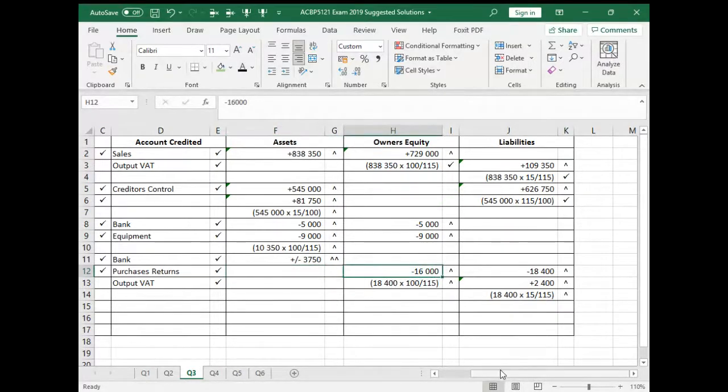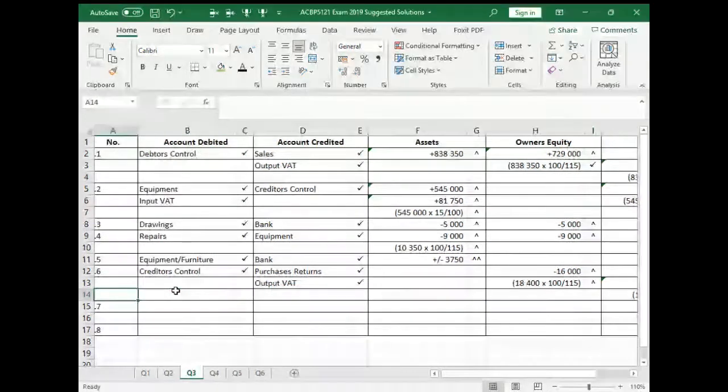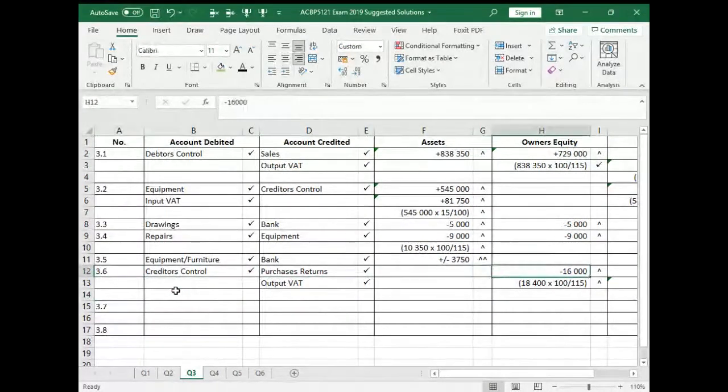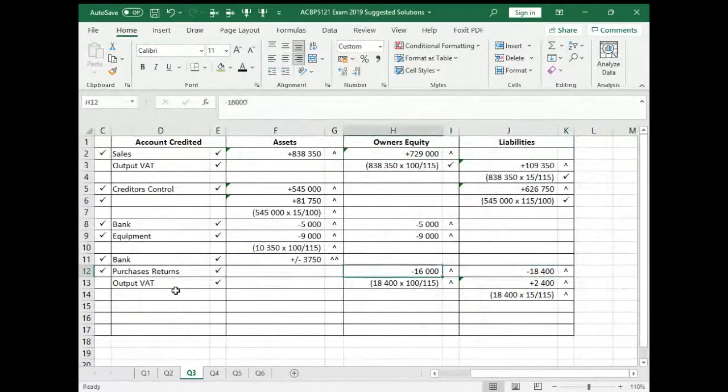No, one of the signs are incorrect. Let's quickly see. Okay, so creditors control is reduced. Okay, yeah. After that is increased.